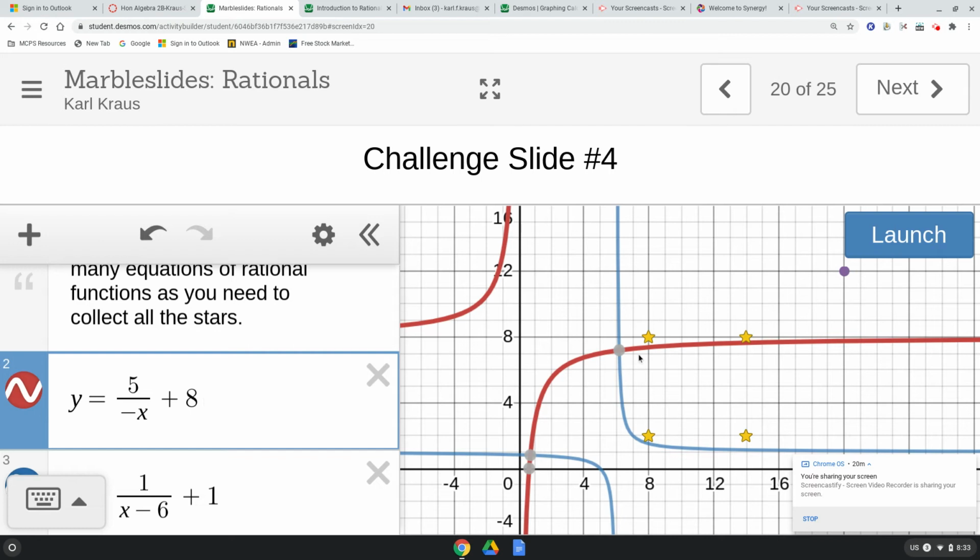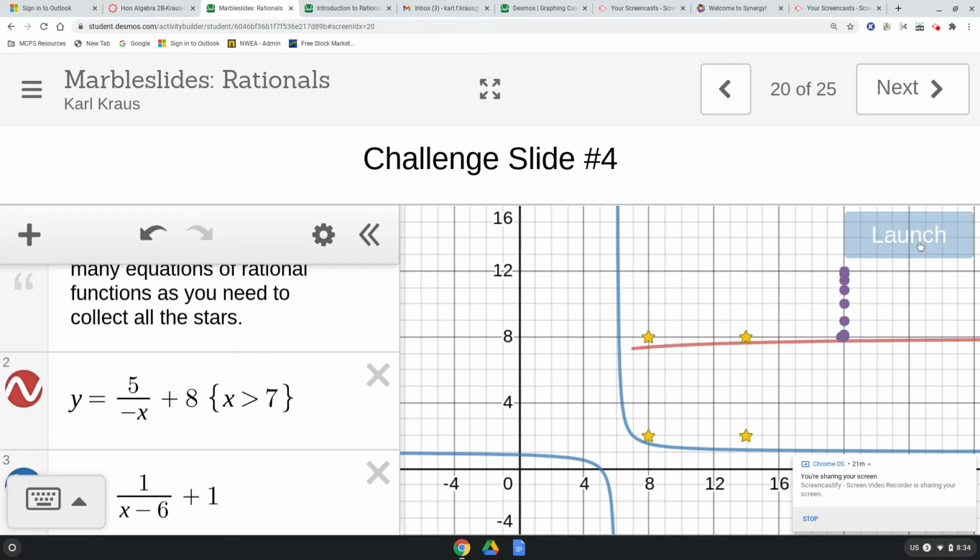So I want x is greater than 7. I had x is less than 7. That's what the problem was. Let's see if that works. Let's see if that's a big enough gap that I can get through there. Get the marbles going here. All right.